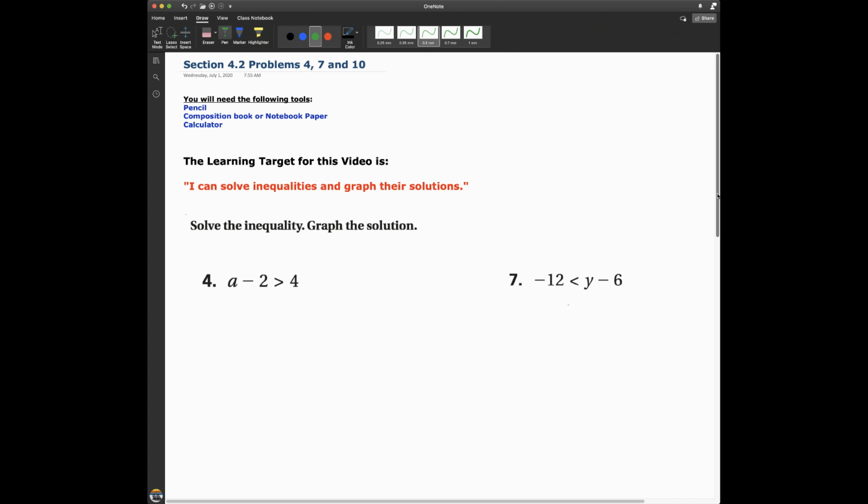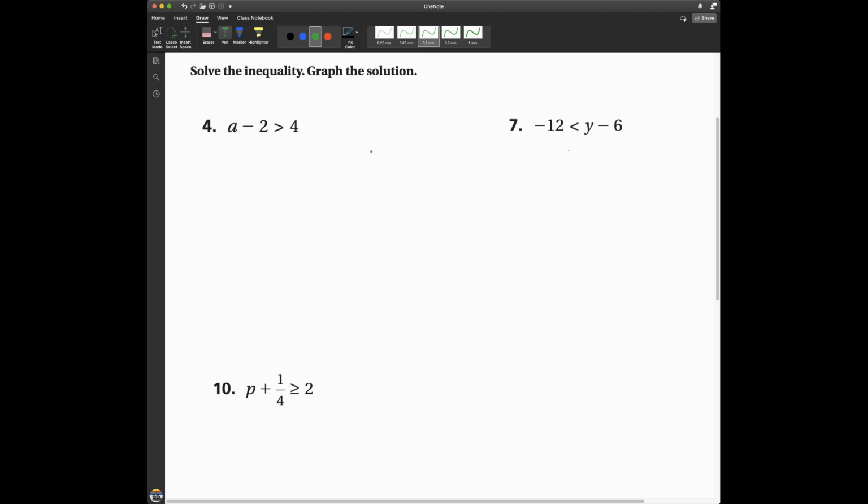Problem number 4 says a minus 2 is greater than 4. So step 1, let me write down the inequality. And just like in chapter 3, we want to get a all by itself. So in order to do that, I use those same skills, only this is not the addition property of equality that I'm using.